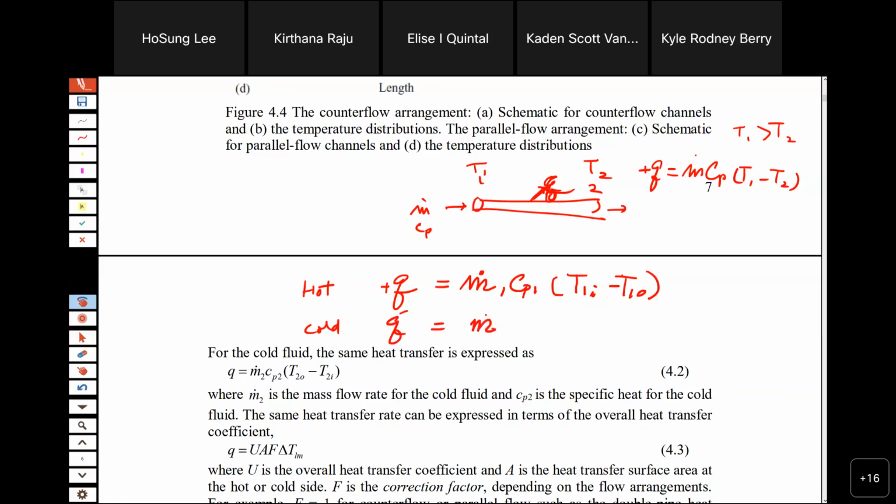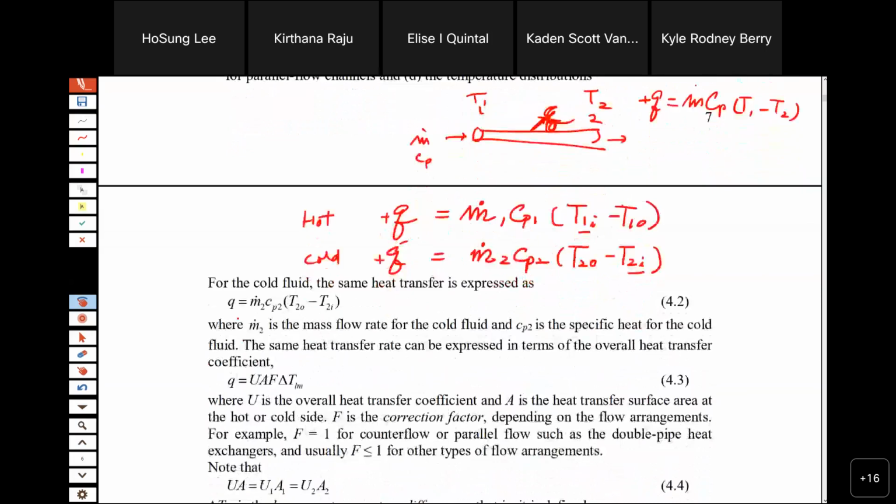M dot 2 CP2 T2. Which one comes first? In order to be plus, out, because the coldest is T2I. Do you understand? We like to always have positive here.